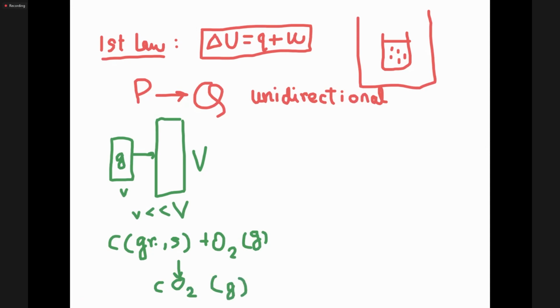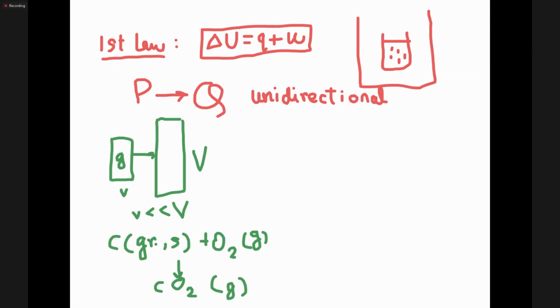So burning of graphite in oxygen to form CO2, all these processes occur spontaneously. They occur without the help of any external agent because they cannot be reversed naturally.